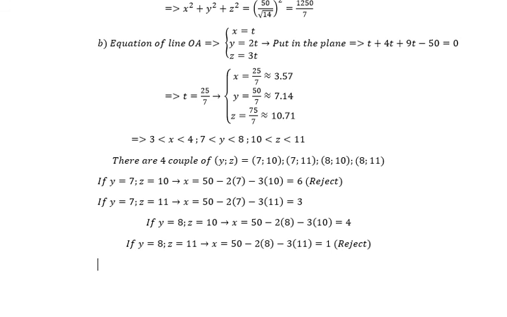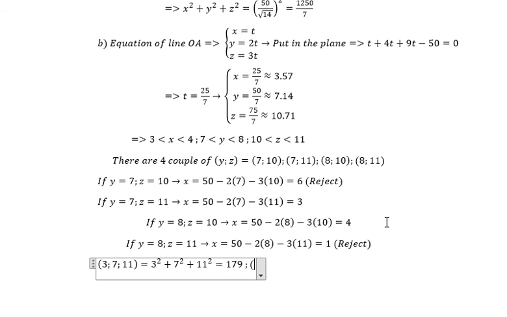So we have x is 3, y is 7, and z is 11. So we put back 3 power 2 plus 7 power 2 plus 11 power 2, and in here we get the answer 179.